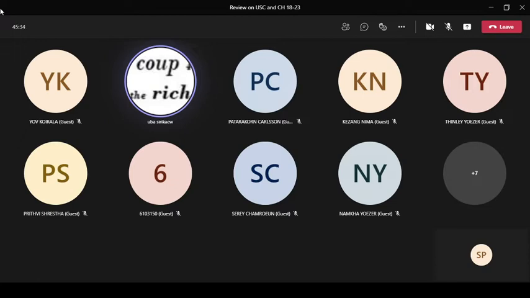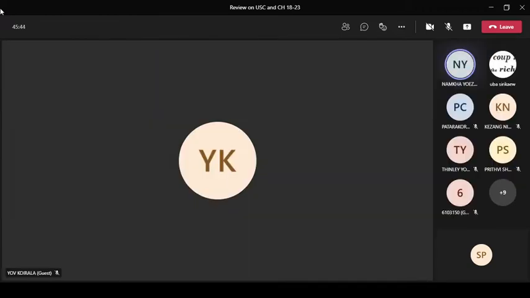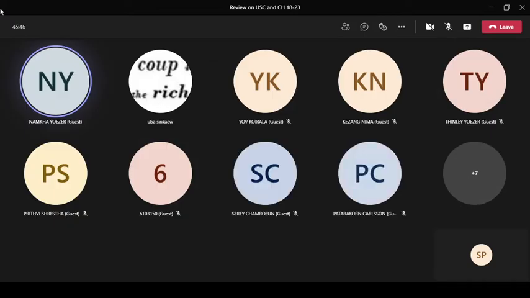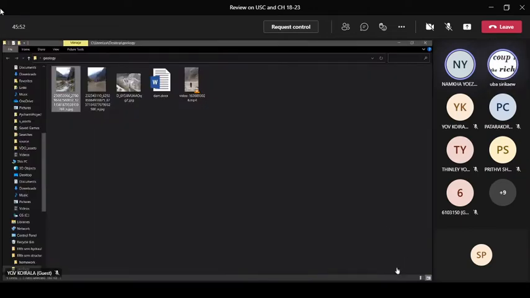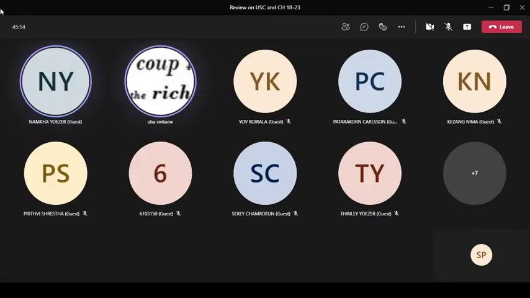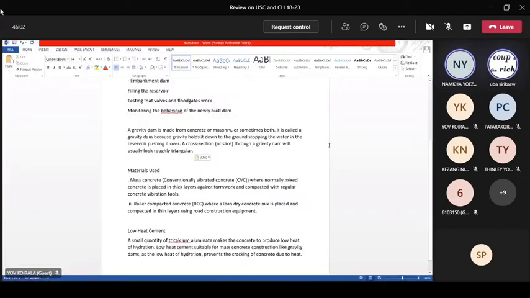Because I think it's suitable for the gravity type of dam. The type of dam that we presented is a gravity dam, and low heat cement is the suitable type of material.